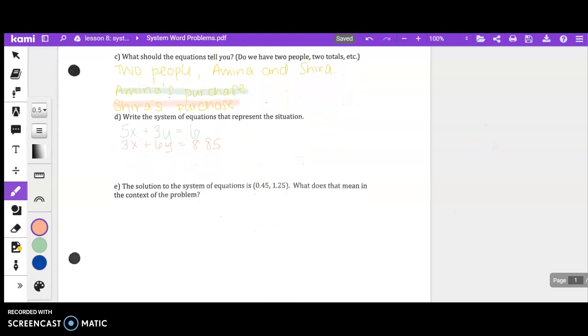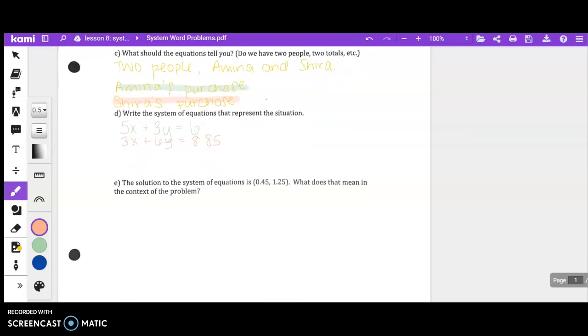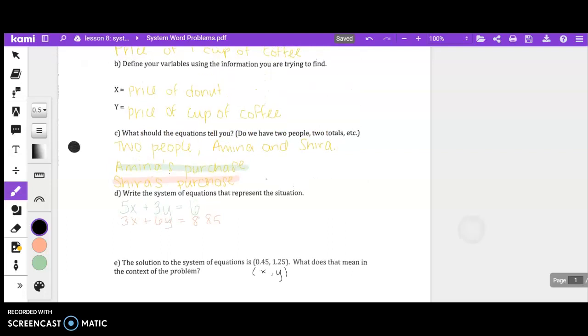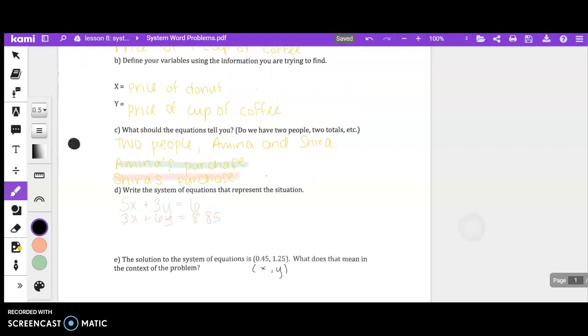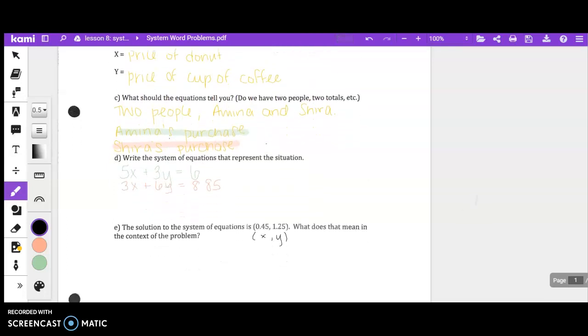Now the last question here is the solution to the system is 0.45 and 1.25. And what does that mean in the context of the problem? So if we were to graph this or solve this algebraically, this is the solution we come up with. And when we think about writing our solution, we know we write it as a point, so it's my X and Y value. Well, if we think back to what we defined as our variables up here, my X and my Y, we can see what these values represent.